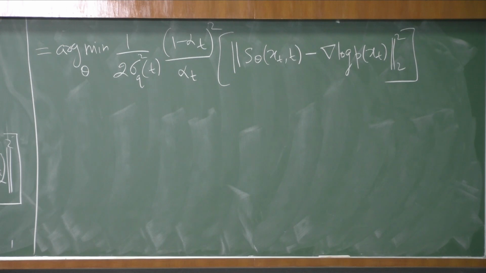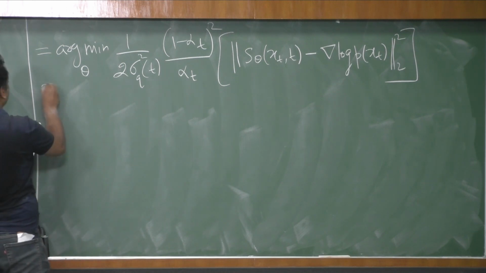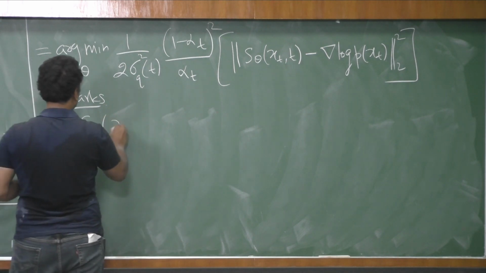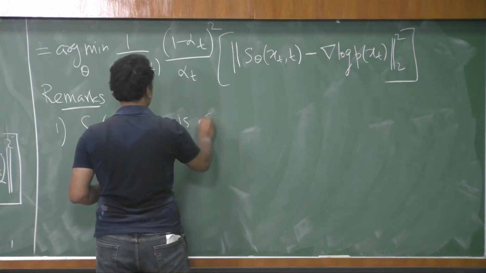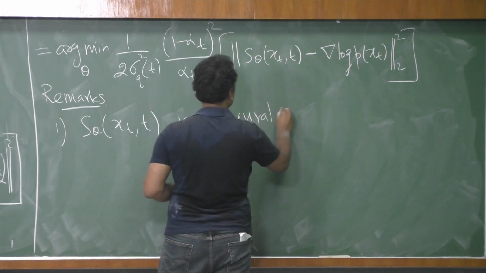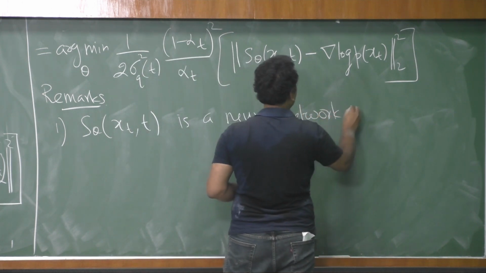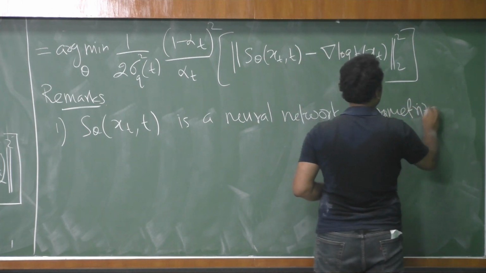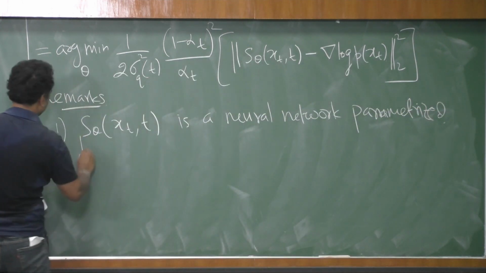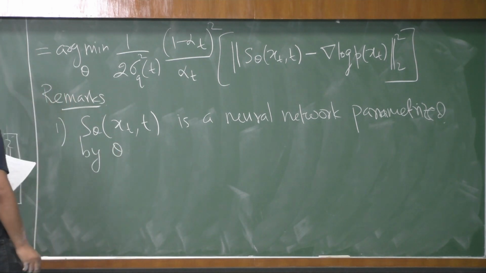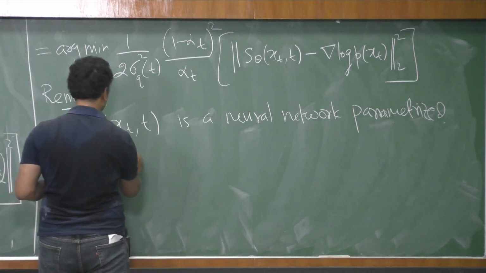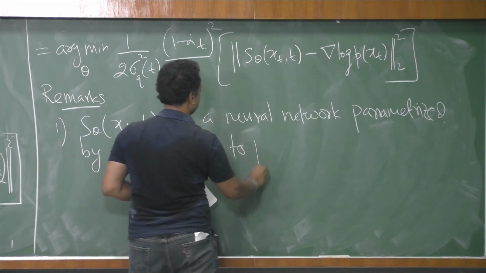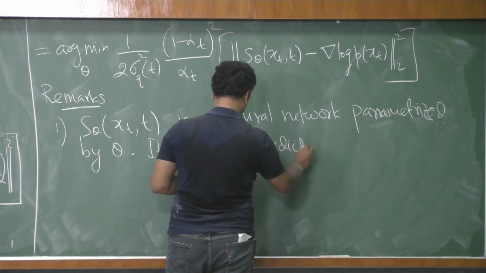So here again, s_theta(x_t, t) is a neural network parameterized by, obviously, theta, and it learns to predict the score function.